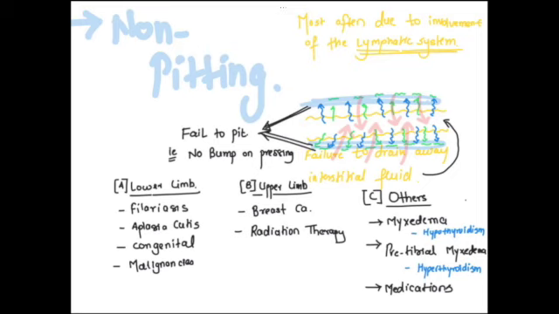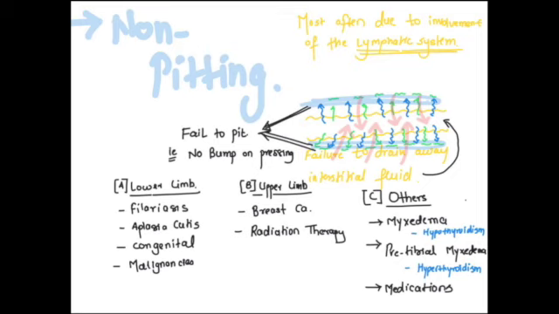In the lower limb, they can be seen in filariasis, where there is lymphatic blockage, in aplasia cutis, that is congenital absence of the skin, in congenital disorders where the lymphatics are absent, in malignancies. In the upper limb, breast cancer surgeries can be associated with removal of local lymph nodes.